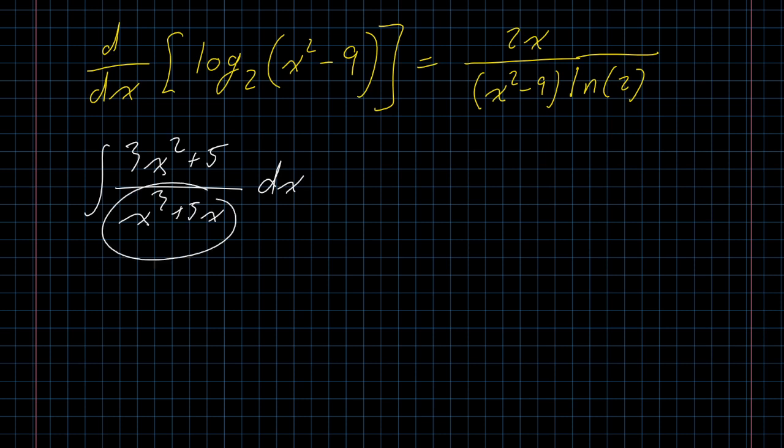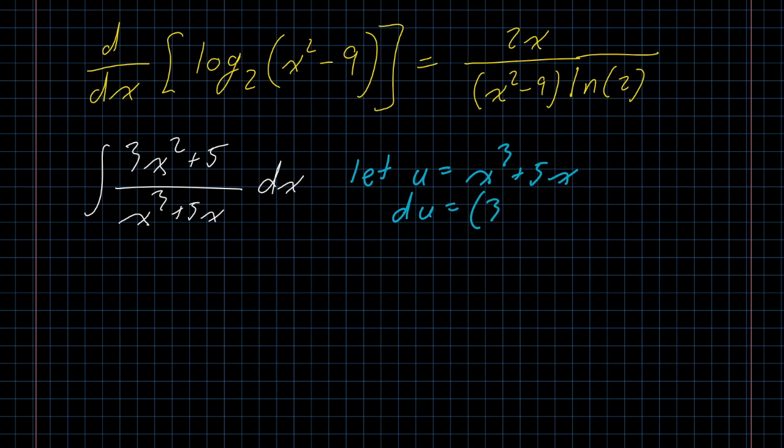And so a new one for you to learn is that the denominator of a fraction is more complicated than the numerator. So to evaluate this, I'm going to immediately try a substitution, let u equal that denominator, x cubed plus 5x. And by doing that, I'll get that du is going to be 3x squared plus 5 dx.